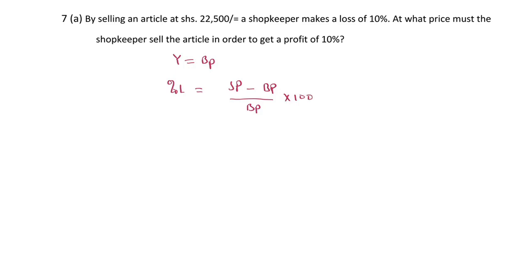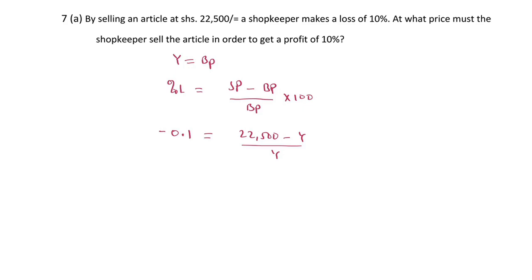Okay, so now let us substitute the given values which we have. We have to remember that the loss is represented by a negative sign. So our equation is going to be negative 0.1 equals 22,500 minus Y over Y. Next, let us multiply by Y both sides.